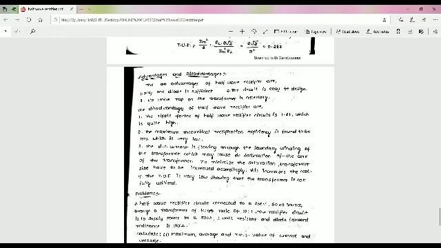The circuit is easy to design. No center tap on the transformer is necessary. These are the advantages of the half-wave rectifier. And now the disadvantages of the half-wave rectifier.